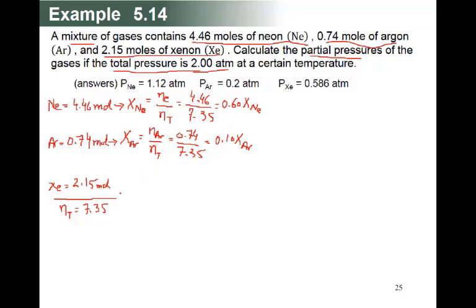The third gas, xenon: mole fraction of xenon is equal to moles of xenon divided by total moles, that is 2.15 divided by 7.35, equal to 0.30.